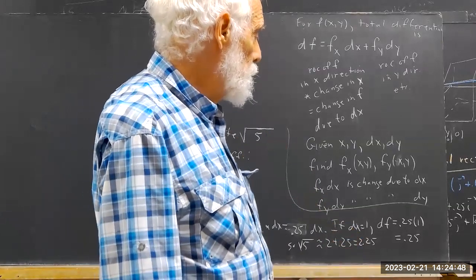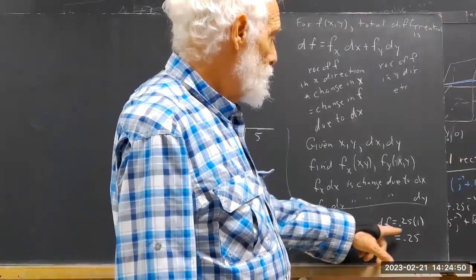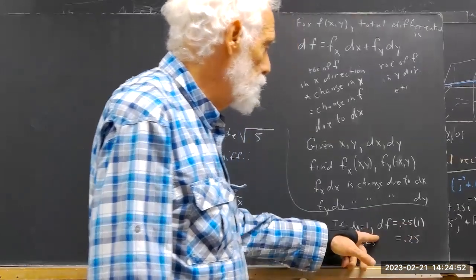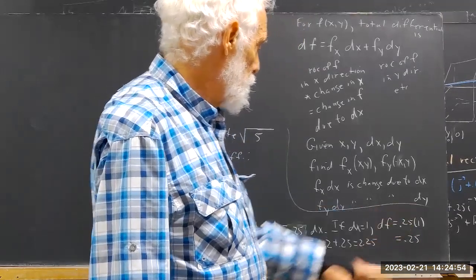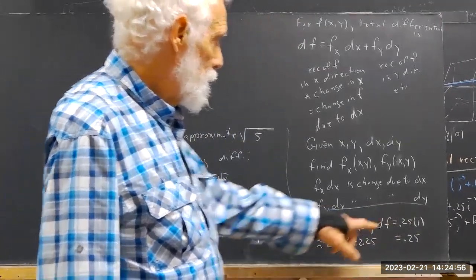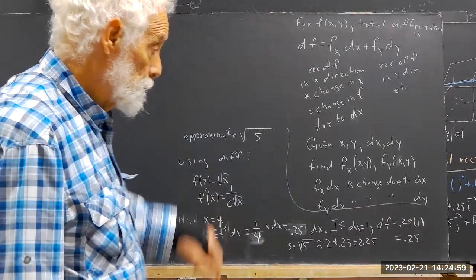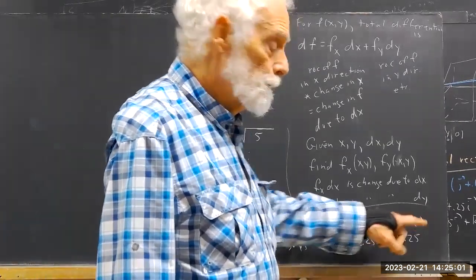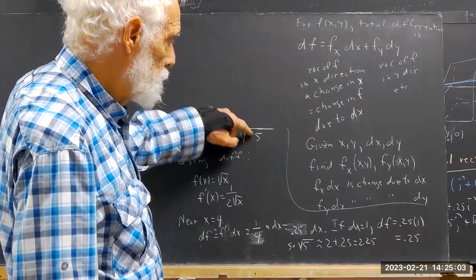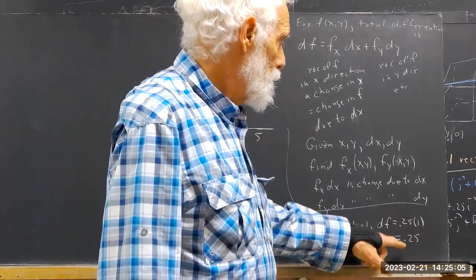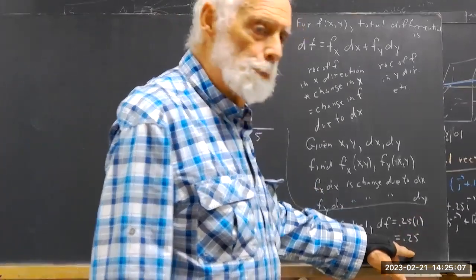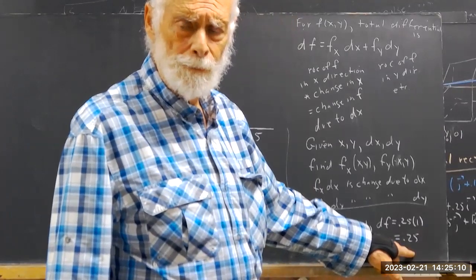If dx equals 1, then df is 0.25 times 1. The change in f is the rate of change, which is the derivative when x equals 4, multiplied by the interval from x equals 4 to x equals 5, which is 1. That means the change in f ought to be pretty close to 0.25.